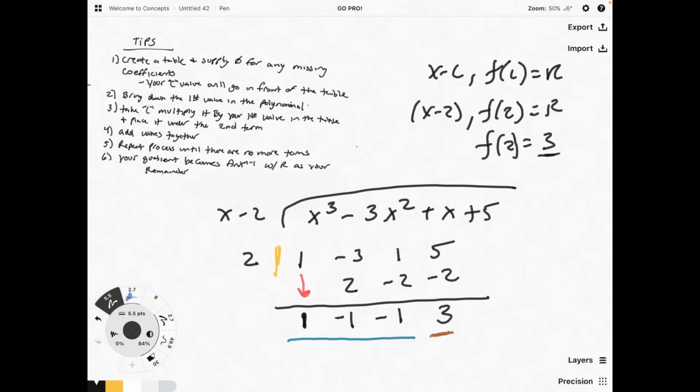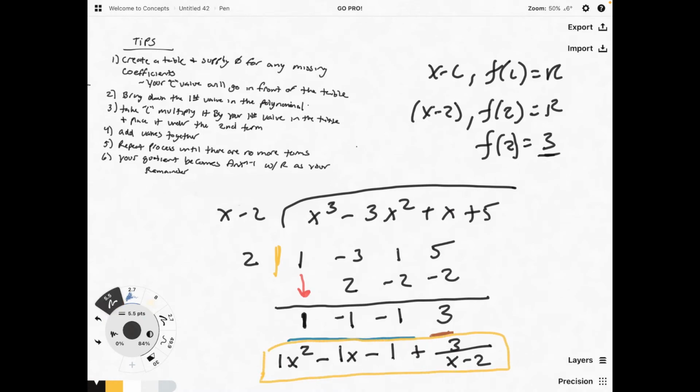So with this, it's going to be 1x to the n minus 1, so that's x squared. And then we're going to do minus, and we have another 1, and we're now going to move down the line, and that's x minus 1, and now we have plus our remainder, which is 3 over, and we still have x minus 2. And this is our answer.